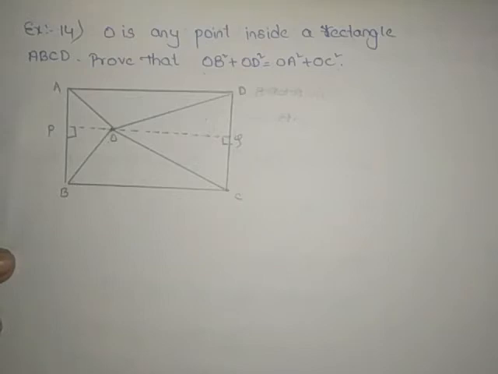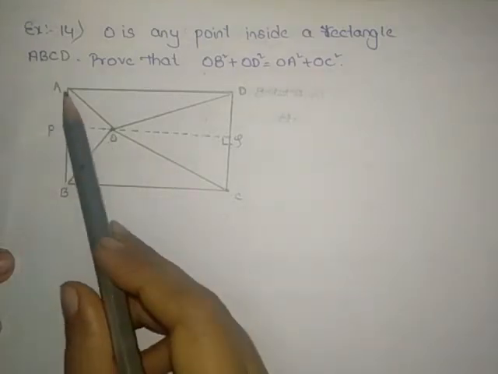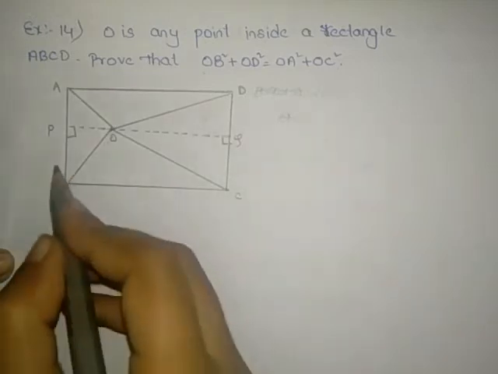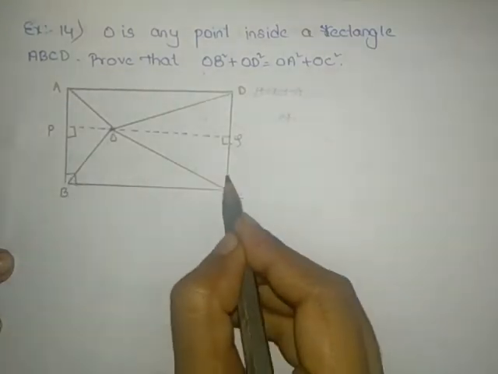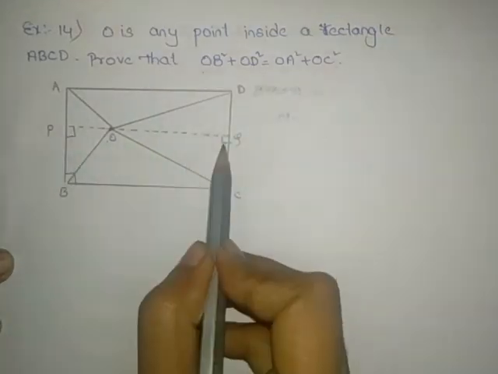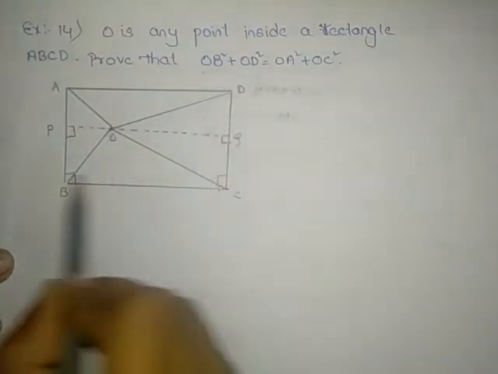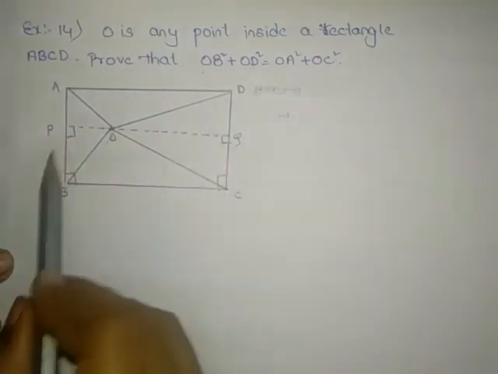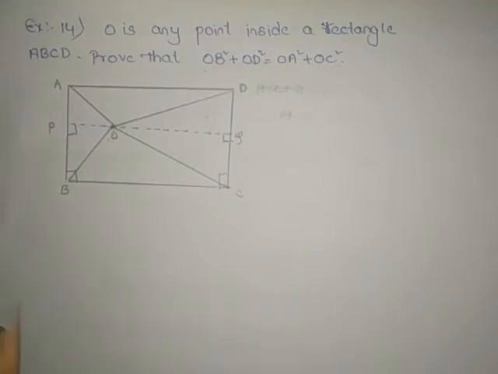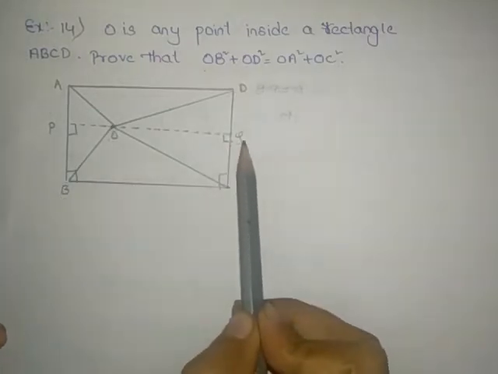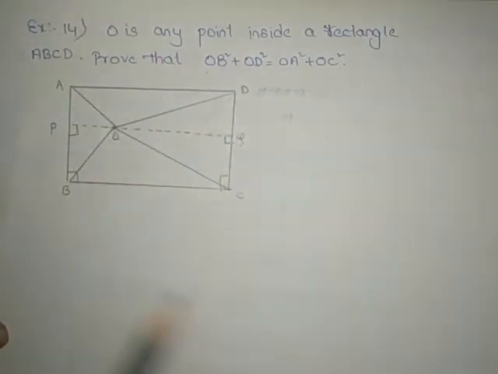Now, also you know that already they have said ABCD is a rectangle. If ABCD is a rectangle, then angle B is also 90 degrees, angle C is also 90 degrees. Here we got these two angles are 90 degrees and these two angles are also 90 degrees. By these four angle informations we can say that PBCQ and APQD are what here?